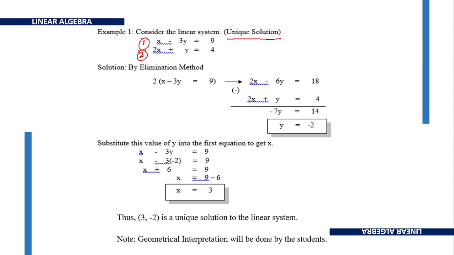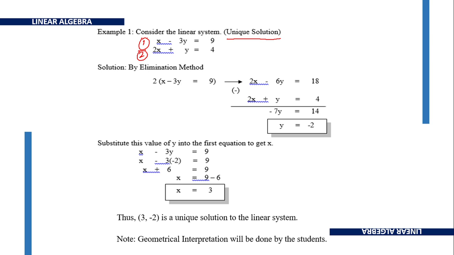For the solution, if you are familiar with the elimination method, we are going to use elimination method. Anong ibig sabihin ng elimination method? We are going to eliminate a specific variable to get the value of the other variable. Since we have two variables, x and y, we can eliminate the first variable.